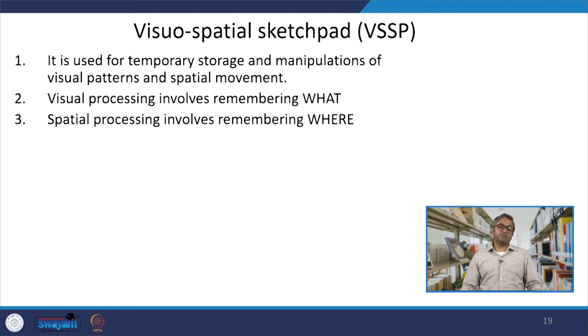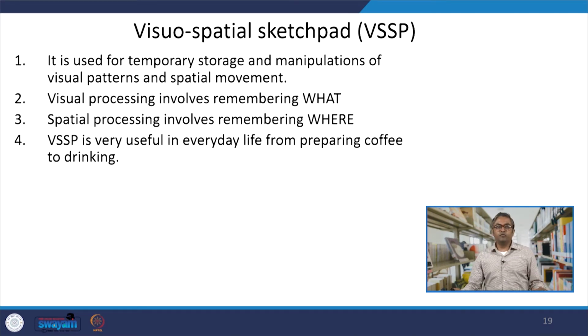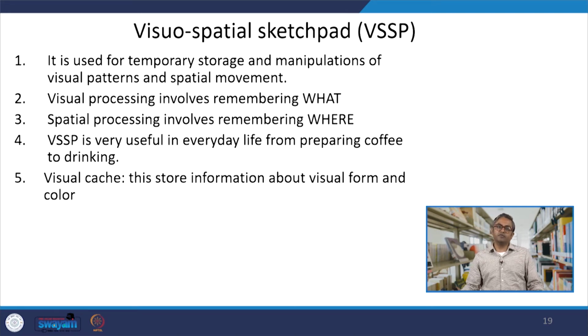In the famous experiment by Ungerleider and Mishkin, the action pathway and visual pathway were studied. So, spatial processing. What researchers have observed is that the Visual Spatial Sketchpad is useful in everyday life, from preparing a coffee till you finish your coffee.